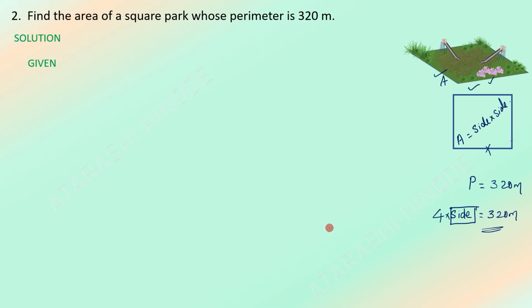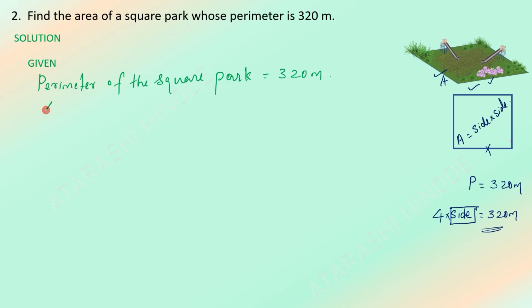Now let us solve. Given, perimeter of the square park equal to 320 meter.